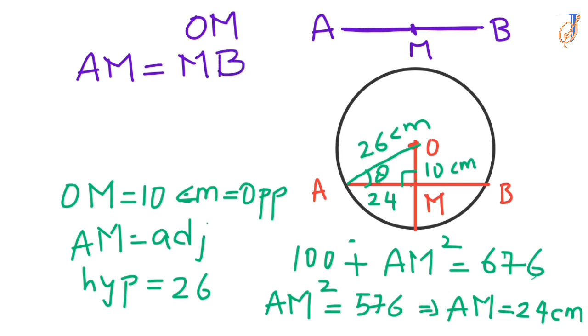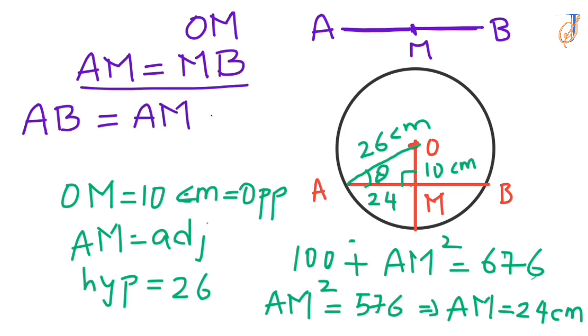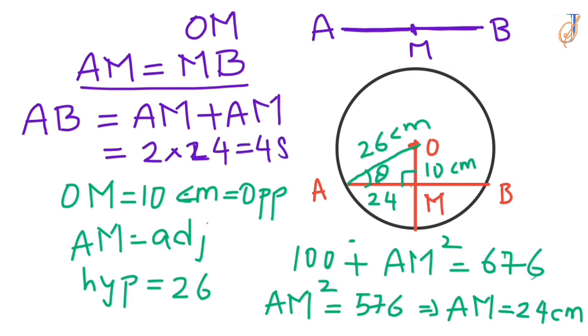Now we need to find the AB chord length. We can write this as AM plus AM, which gives 2 times AM, and we know AM is 24 units. So 2 times 24 is 48 units. So the chord length is 48 centimeters.